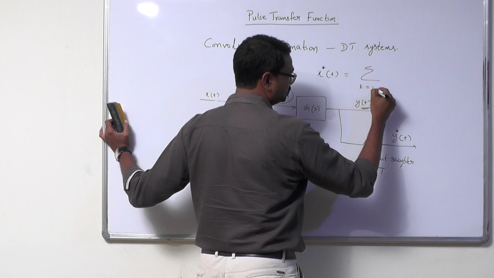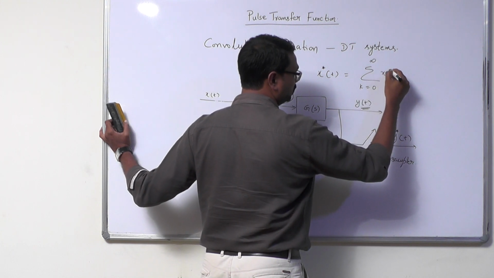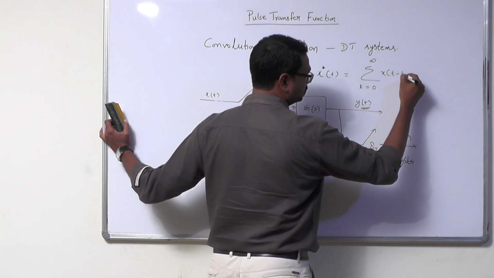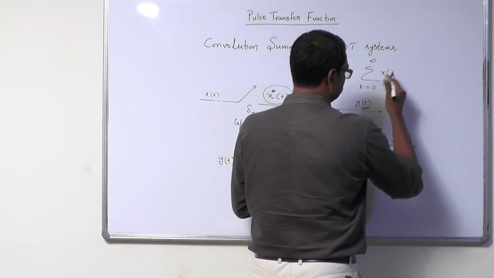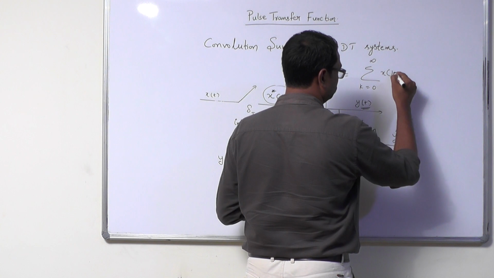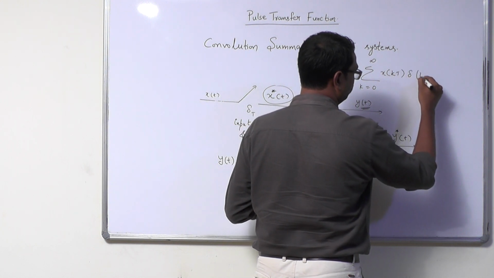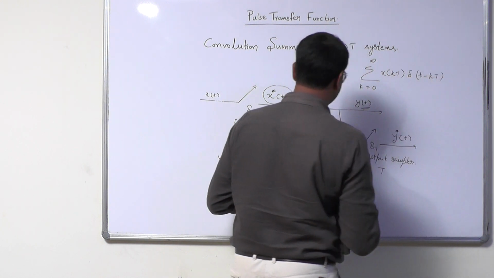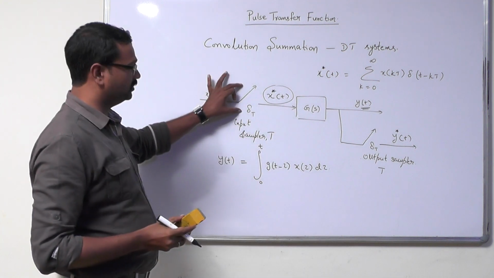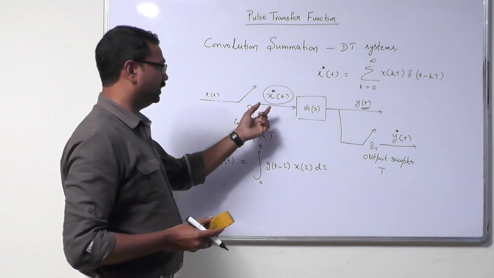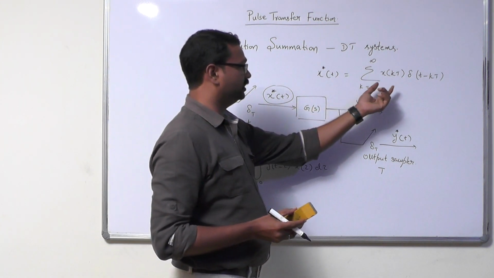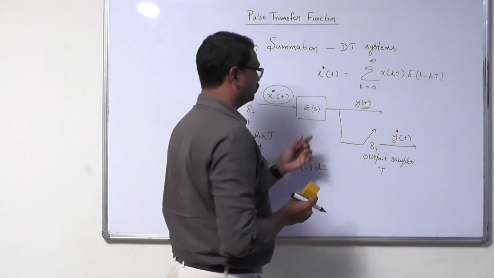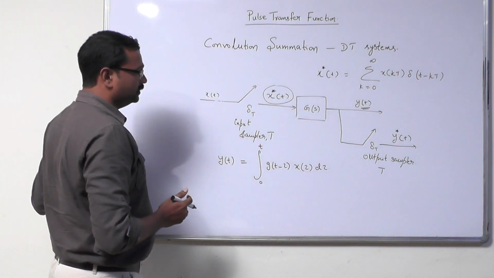You can say that it is sigma k from 0 to infinity x of kT into delta of t minus kT. Because the sampler is a train of unit impulses, x of kT into delta of t minus kT gives us x star of t.